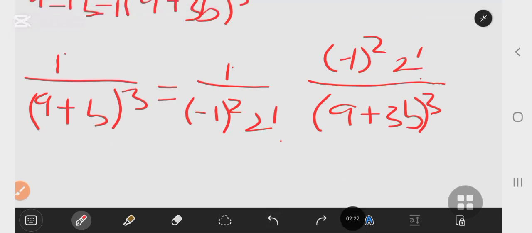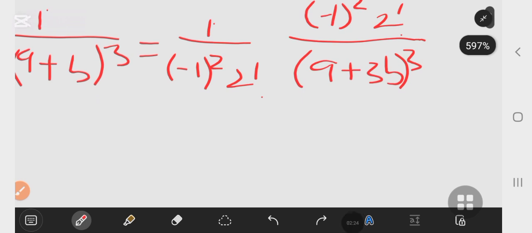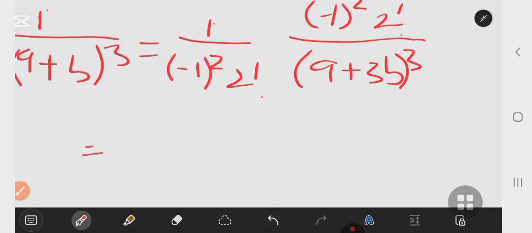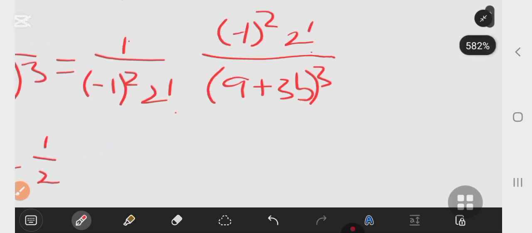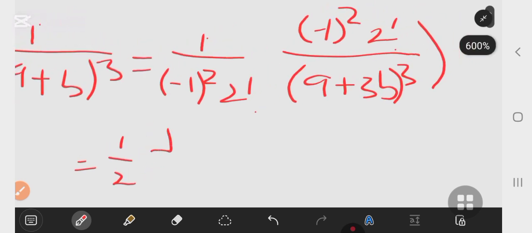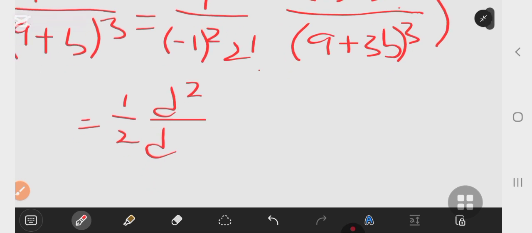Alright, so from here this gives me, meanwhile, 1 over 2, because 2 factorial is 2, so this is half of. Now in this case, this is the same as the second derivative d over dA of A, second derivative.